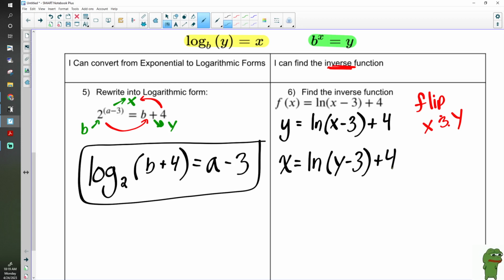We should move it to the other side. Get rid of it by subtracting 4. So before you start labeling your b, your x, and your y, make sure your logarithm is by itself. So x minus 4 equals ln(y minus 3). And now the log is definitely all by itself. And now we can start labeling all of our parts and rewriting it.